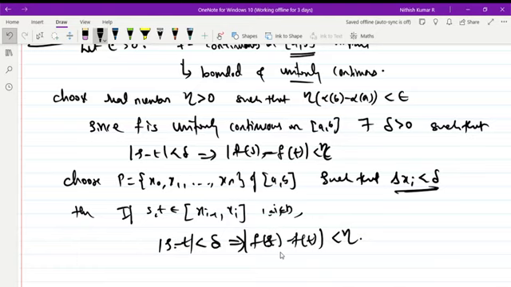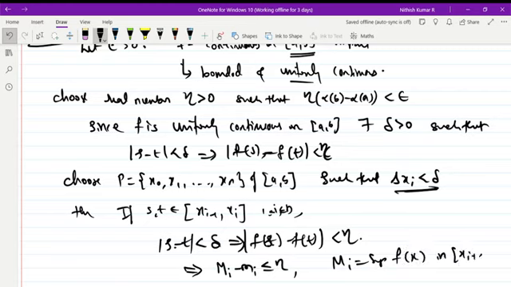Now this implies capital Mi minus small mi is less than eta. What is capital Mi? It is nothing but the supremum of f of x in the interval [xi minus 1, xi], and small mi is the infimum of f of x in the interval [xi minus 1, xi].